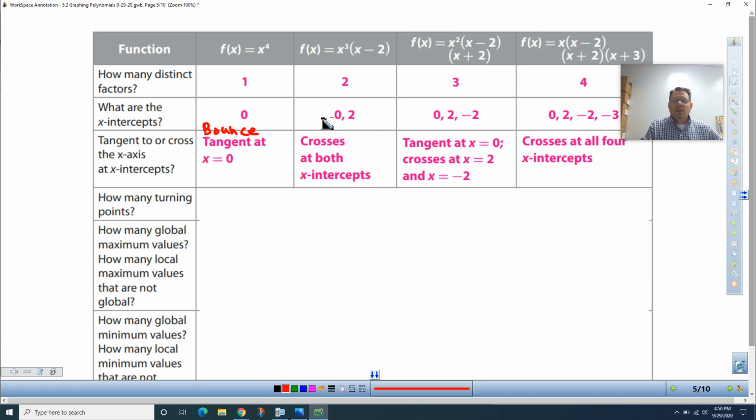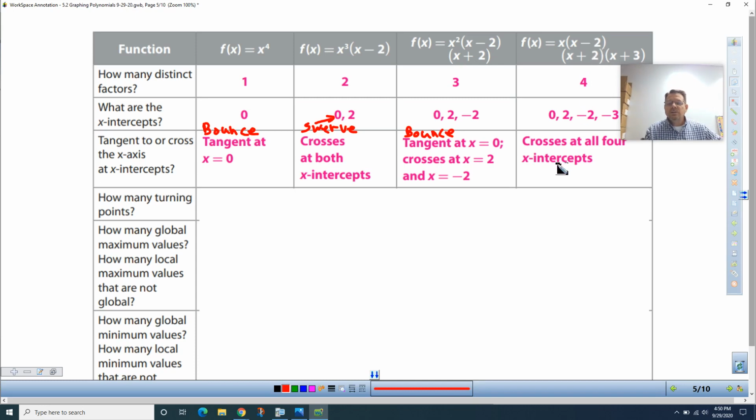But guess what? What's going to happen here? That is going to be a swerve. It's not only going to cross, but it's also going to be a swerve at the 0. Okay. Then this guy here, what's going to happen? It says tangent. Again, that's a bounce. And then crosses at these other two. Since those are x to the first power, it's going to be straight crosses.